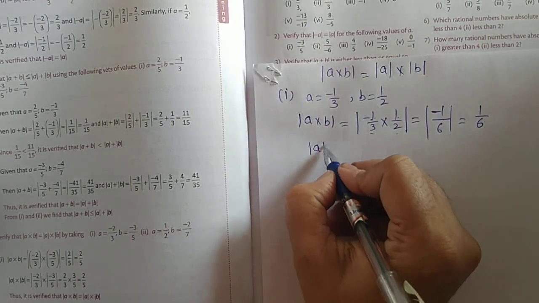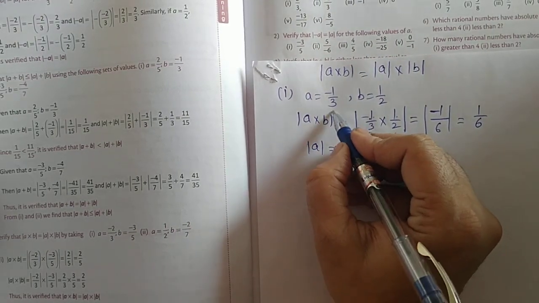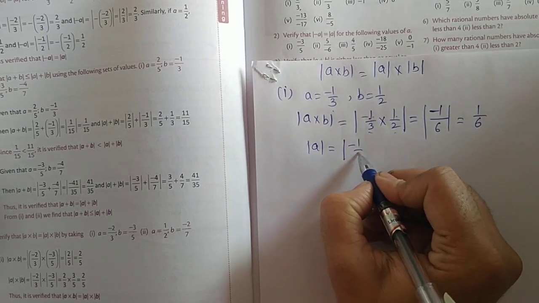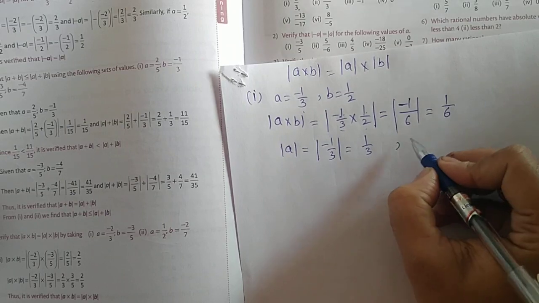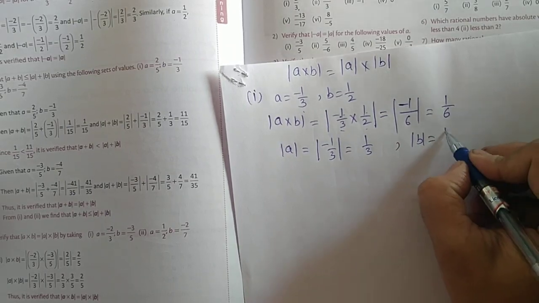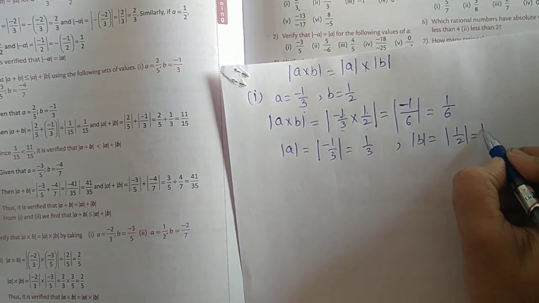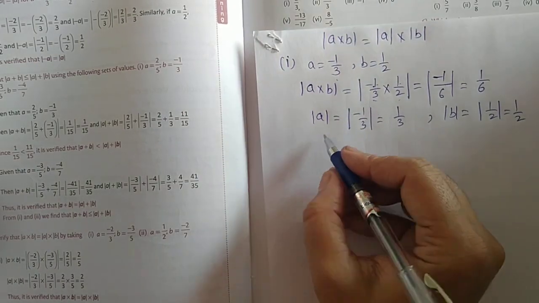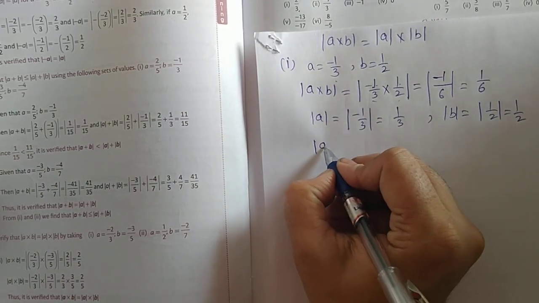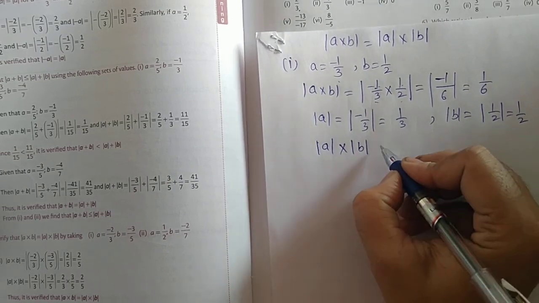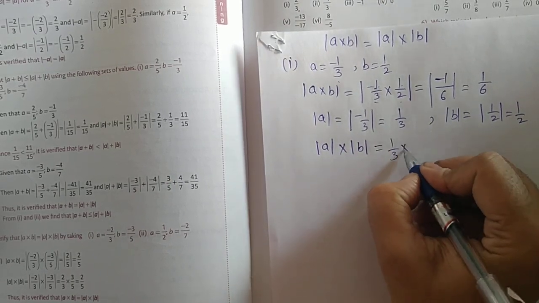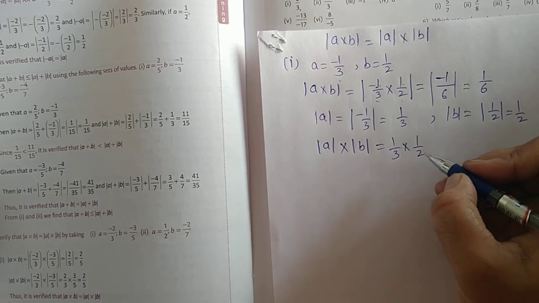So mod of A is equal to, A value is minus 1 upon 3, so its answer is 1 upon 3, and mod of B is equal to mod of 1 upon 2, which is equal to 1 upon 2. So separately we will multiply mod of A multiply mod of B, which is equal to 1 upon 3 multiply by 1 upon 2.